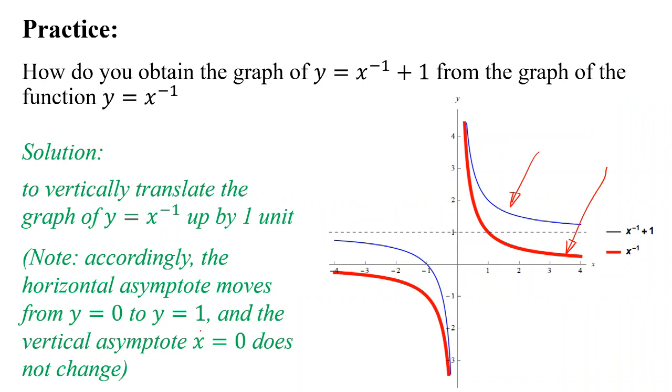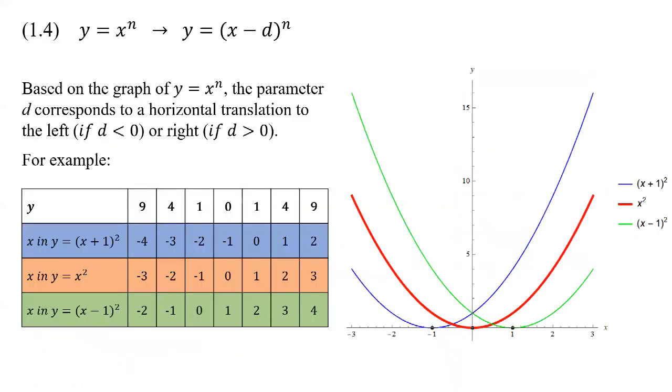The vertical asymptote x equals 0 does not change because there is no horizontal translation, right? All right, any questions? No? Okay, if you don't have any questions, let's have a look at the fourth transformation.